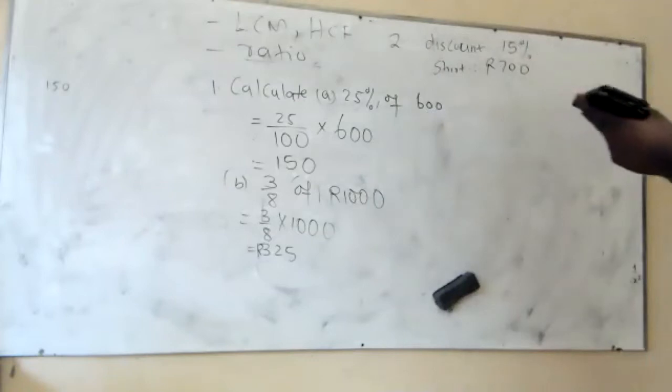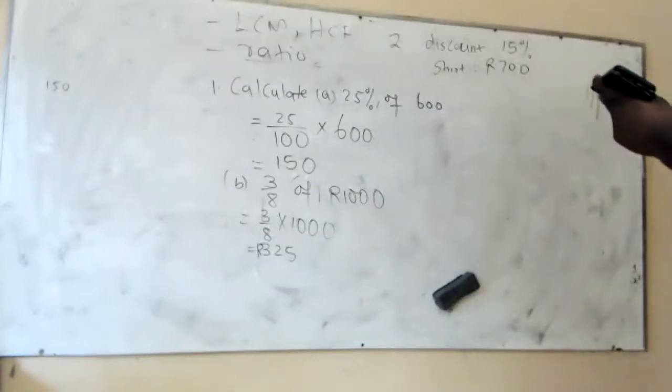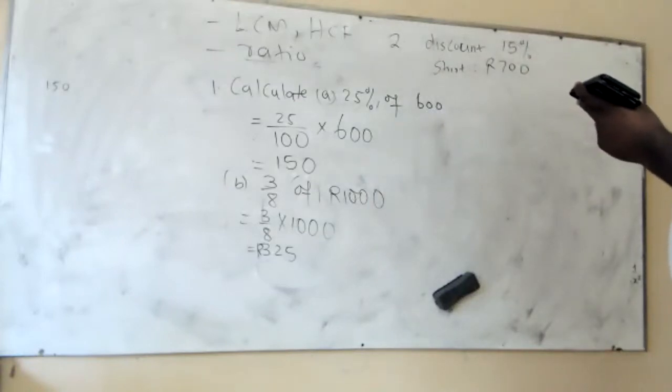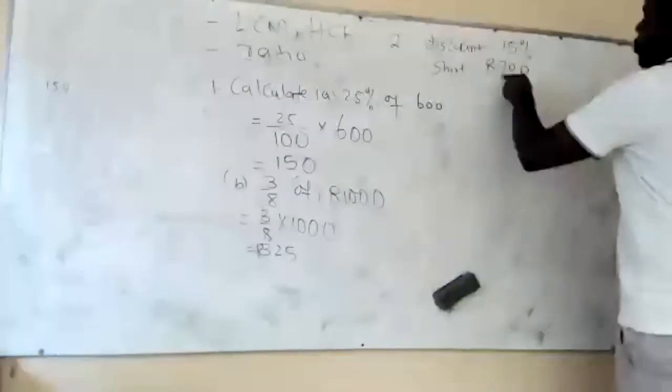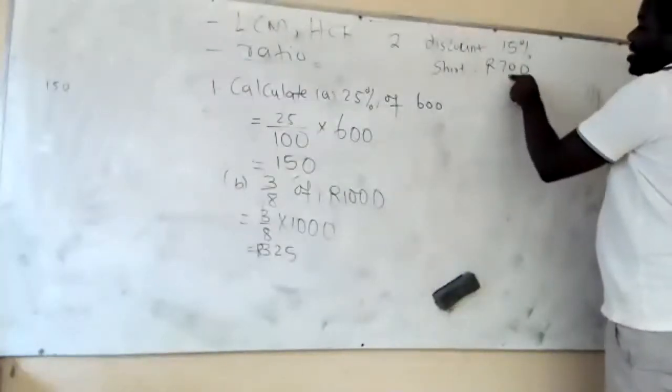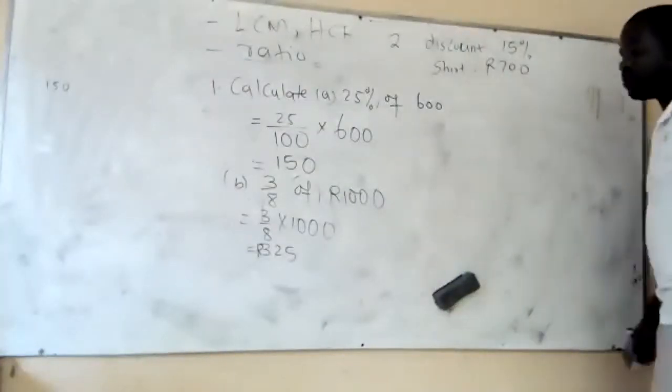The question wants us to calculate how much you will pay for the t-shirt after the discount. How much are you going to pay for this t-shirt after a discount of 15%?